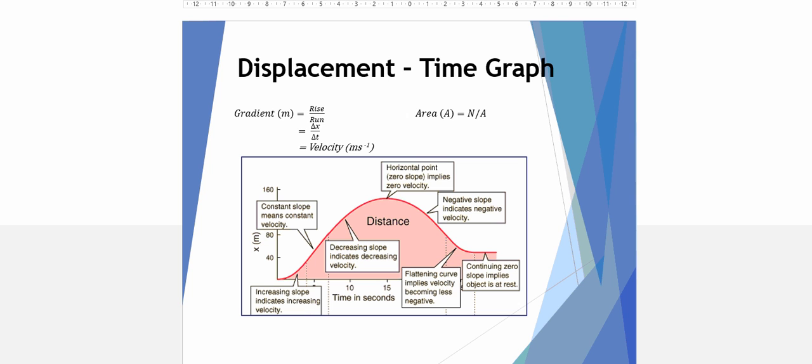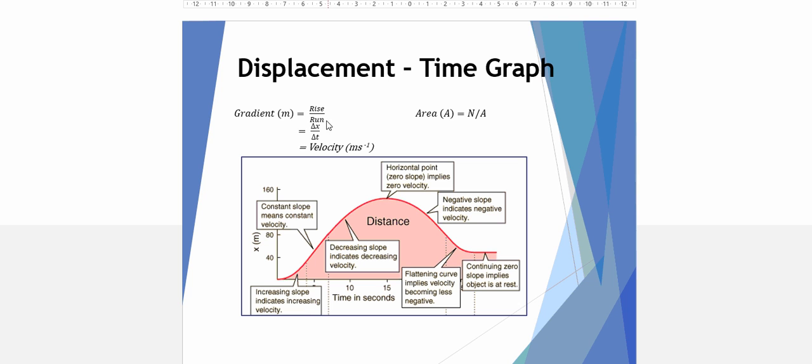First of all, let's look at a displacement time graph. The gradient of a displacement time graph, that is the rise over the run, gives us a measurement of the object's velocity. Here the rise on the vertical axis is measured in x, the displacement, and the run on the horizontal axis is measured in t, the time in seconds.